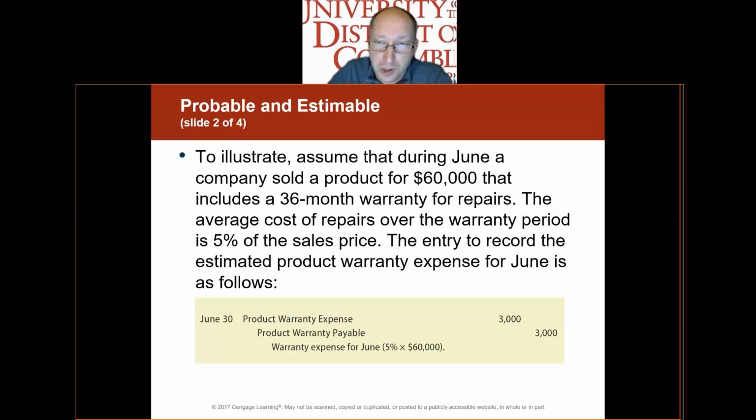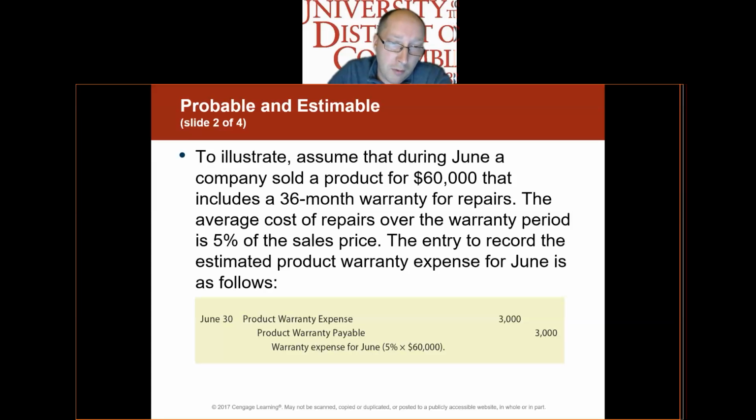The entry for this estimate for the warranty is the following. We debit product warranty expense $3,000, and we credit product warranty payable $3,000. Why $3,000? $3,000 is 5% of the sales price, which was $60,000.